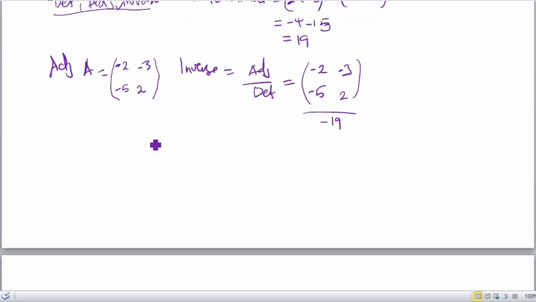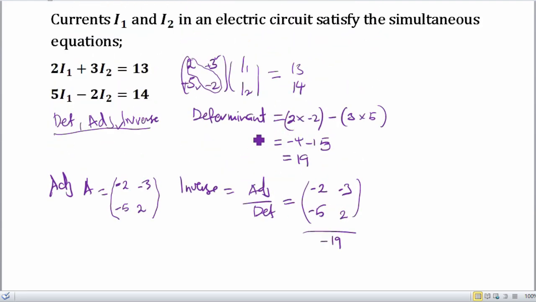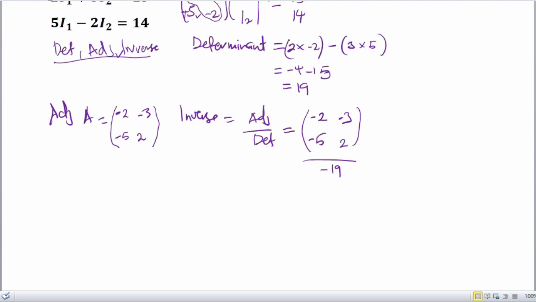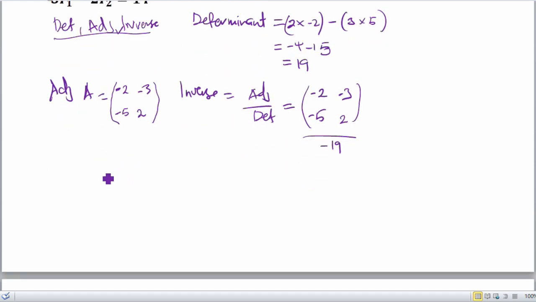Now we are going to multiply both sides of the equal by the inverse, and that is, you are going to take the inverse, multiply on the left hand side, and then multiply the right hand side of the equal.